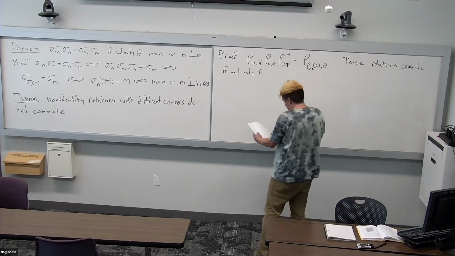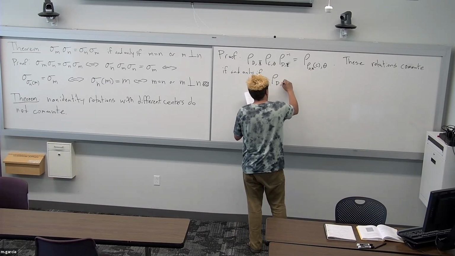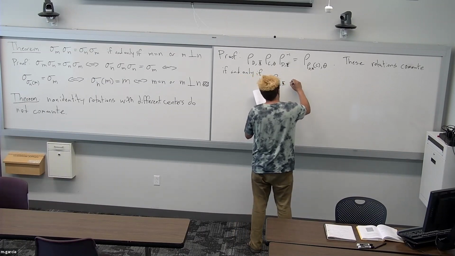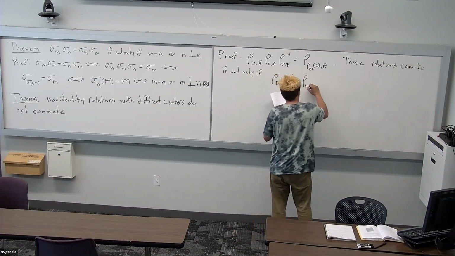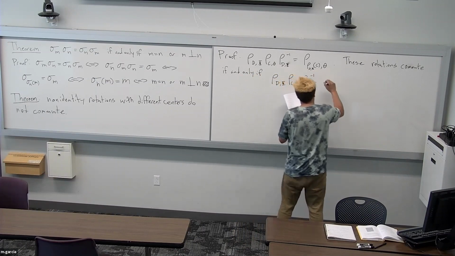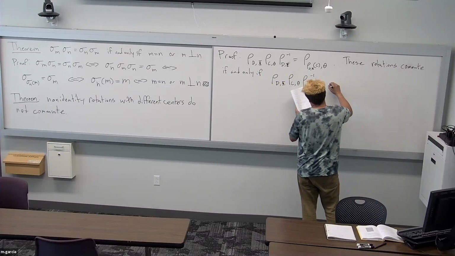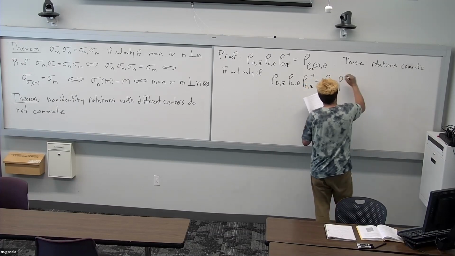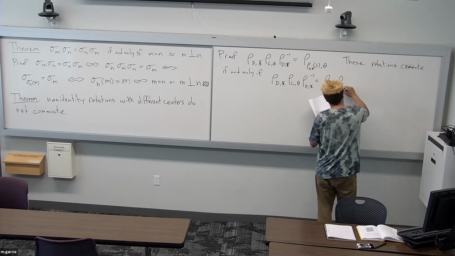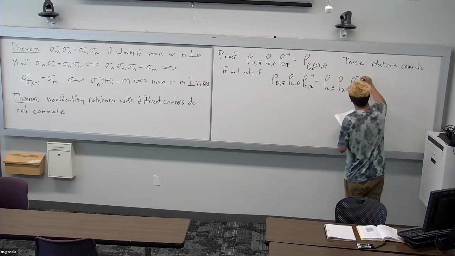Okay, so what we have is rho_{d,phi} rho_{c,theta} rho_{d,phi} inverse is equal to rho_{c,theta} rho_{d,phi} rho_{d,phi} inverse, right?